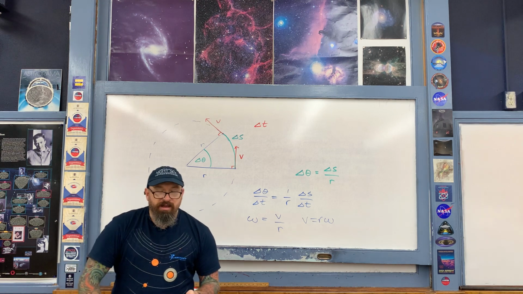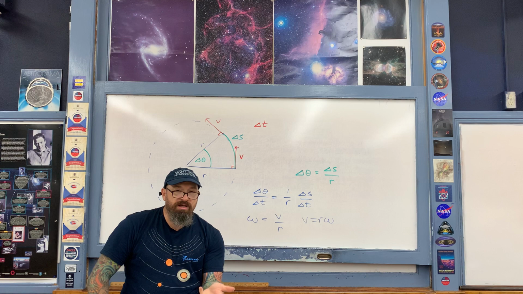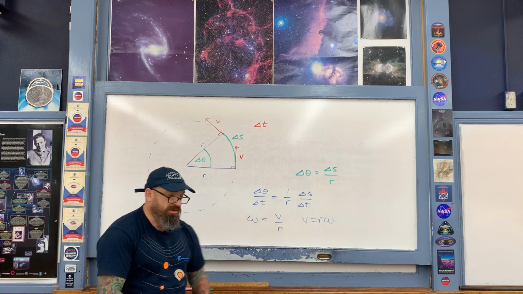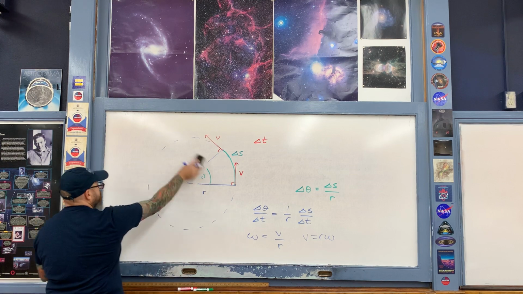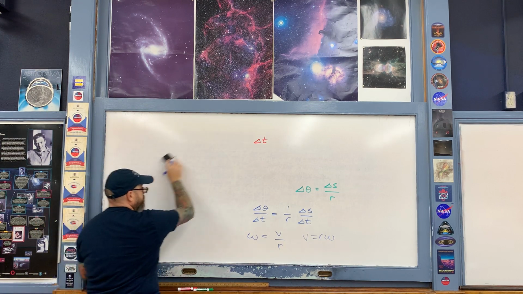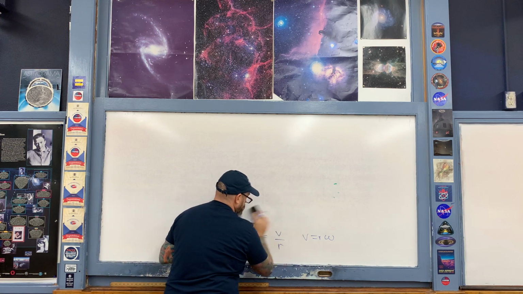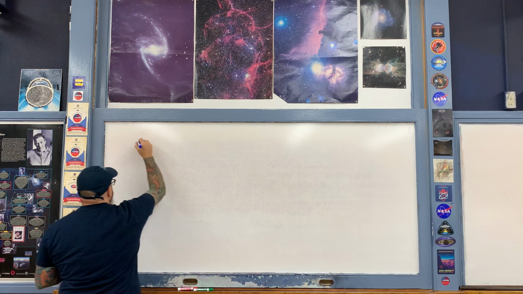So now at this point, I can summarize the kinematics of uniform circular motion. Basically, what you end up with is just a bunch of little expressions. So let me do some erasing here and just briefly list those expressions. Okay, so once again, here's a nice summary.